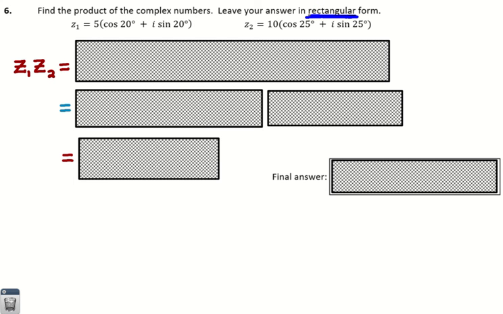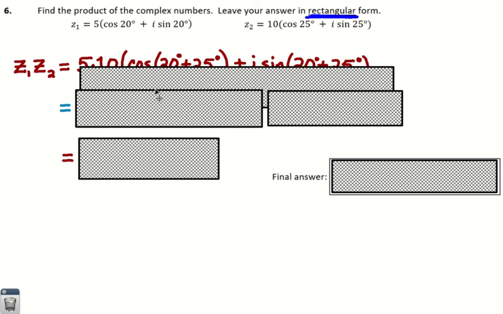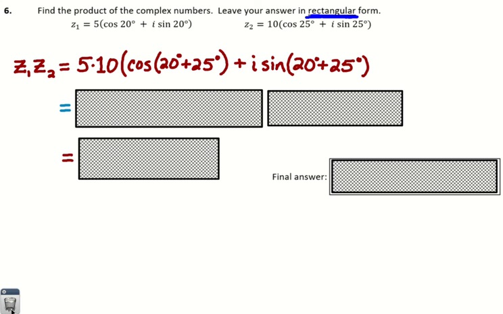Now, this formula for a product, Z1 times Z2, should be on your formula sheet for sure, at least the way I'm doing things in 2018. So you're going to have to just look at your formula sheet and find the formula, and when you plug in, it's going to be 5 times 10, because this is like R1 times R2, and this is going to be theta 1 plus theta 2.